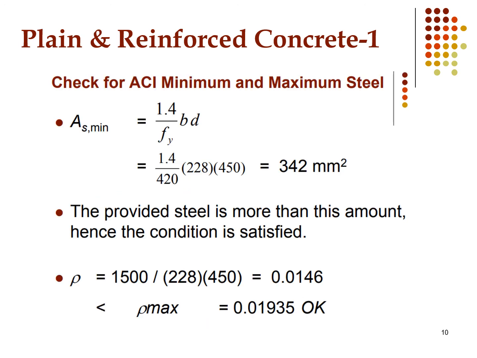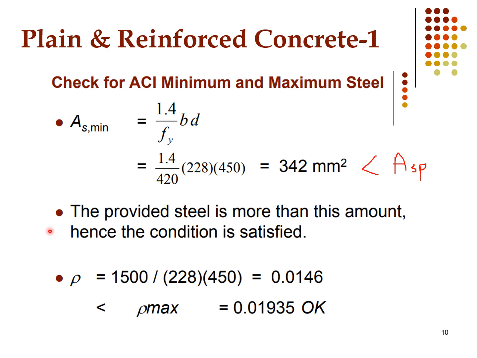Now we also need to check that the provided steel rebar needs to be more than As minimum. As minimum is 1.4 divided by Fy into bd. So if we plug the value, we will get 342 millimeter square, and that 342 millimeter square is actually less than As provided, and we know that As provided is basically 1530 millimeter square.